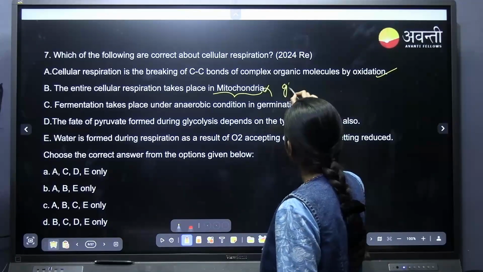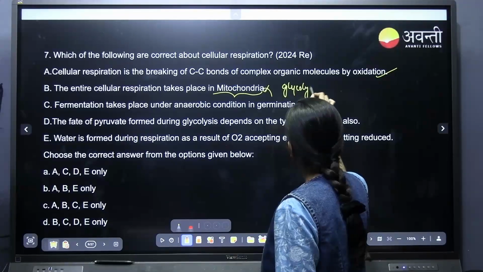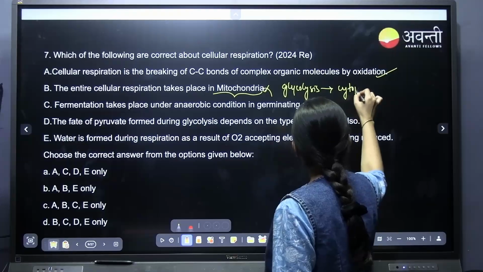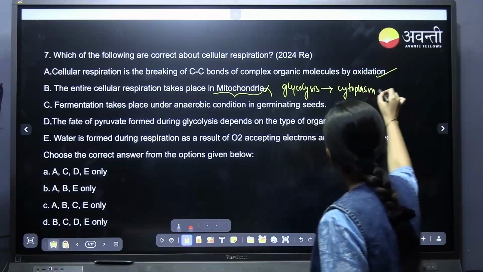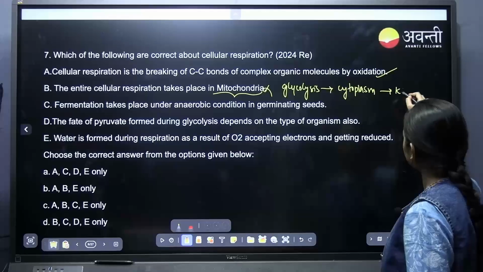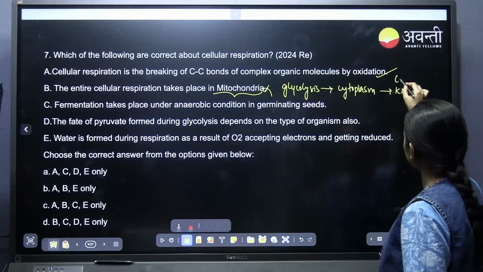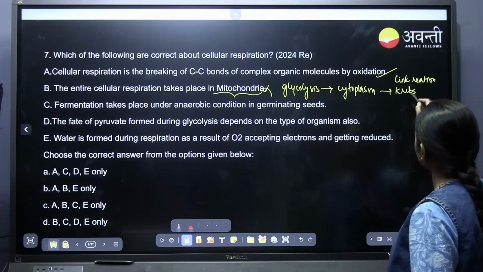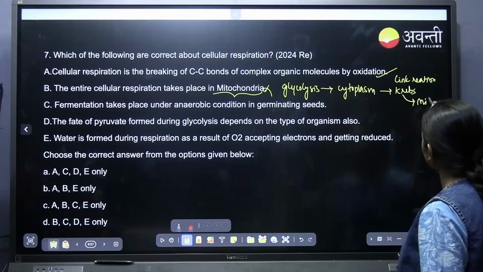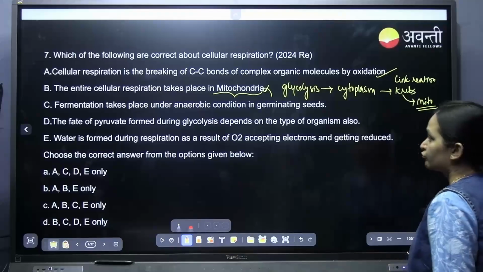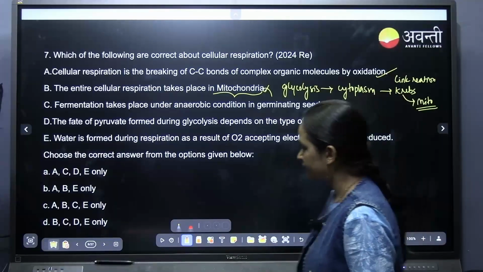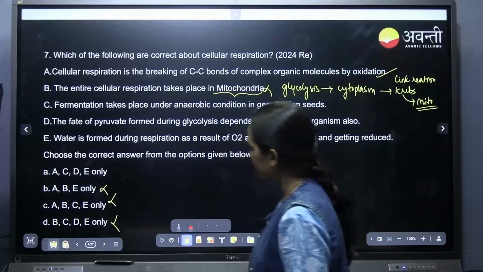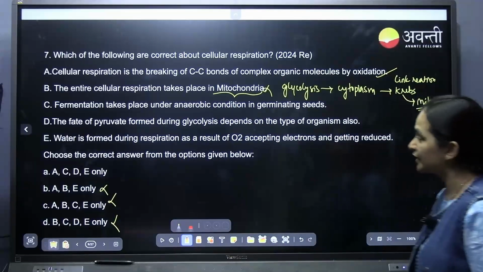No. Glycolysis is taking place in the cytoplasm, and the link reaction and Krebs cycle are taking place in mitochondria. So B is wrong, and we can eliminate it. We will go through the other statements as well.